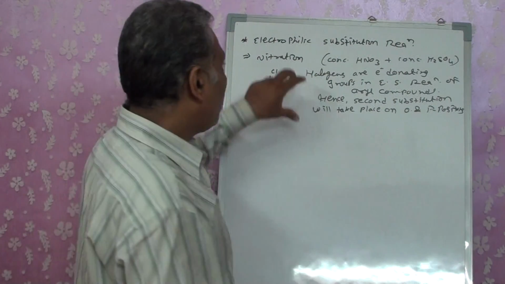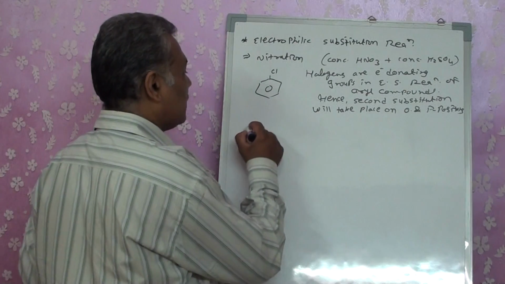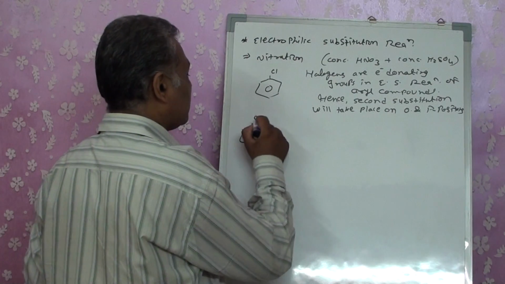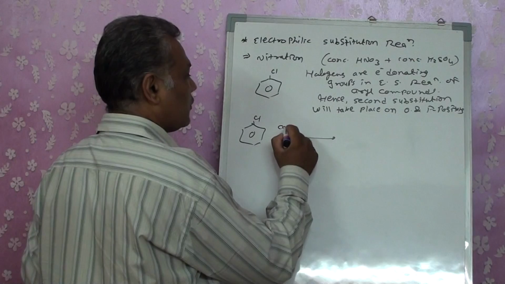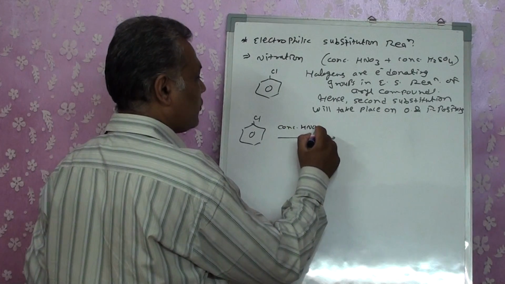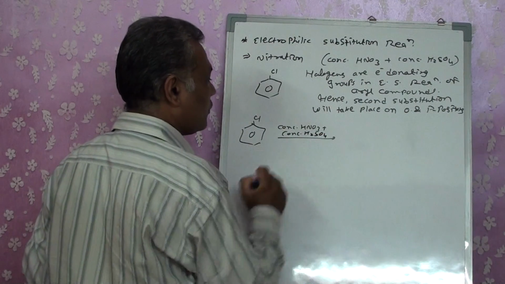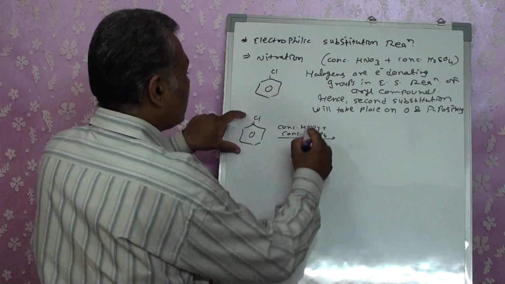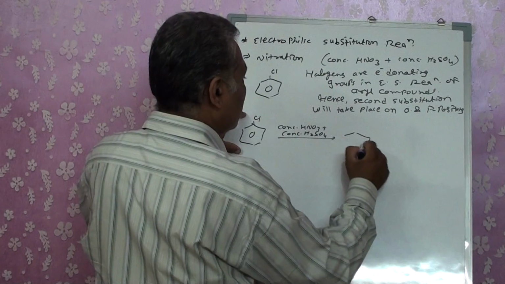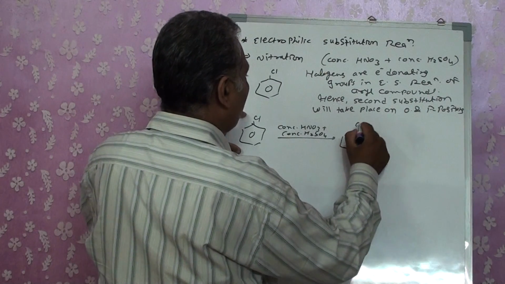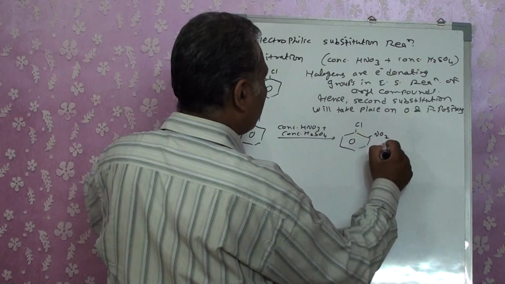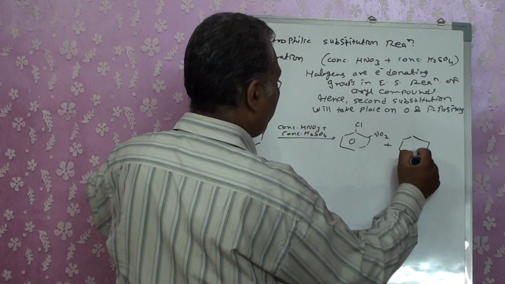That means when you have chlorobenzene and take it for nitration, with concentrated HNO3 and concentrated H2SO4, it is going to produce NO2 plus. That NO2 plus will react at the ortho plus para positions.